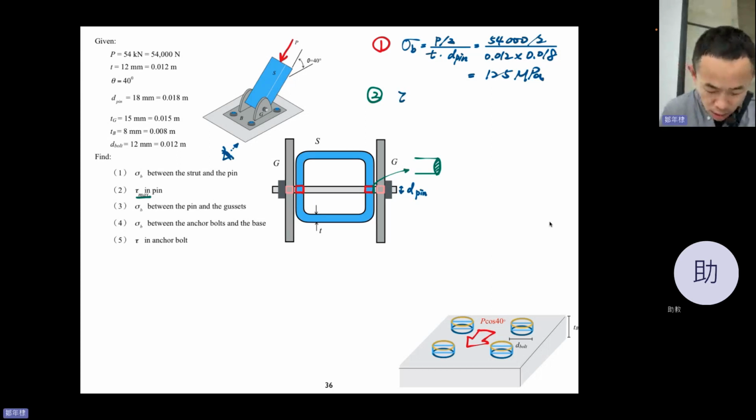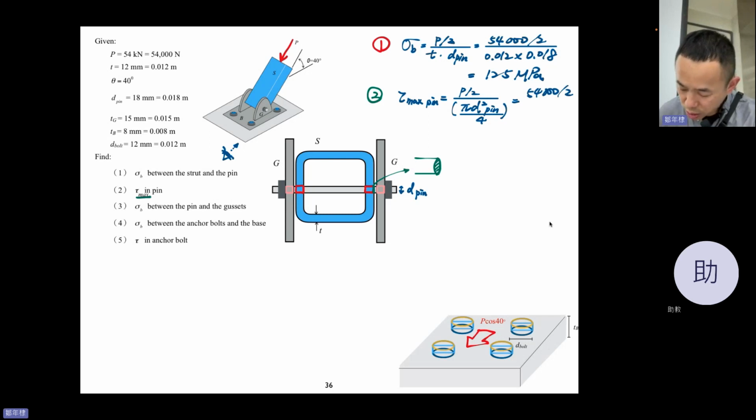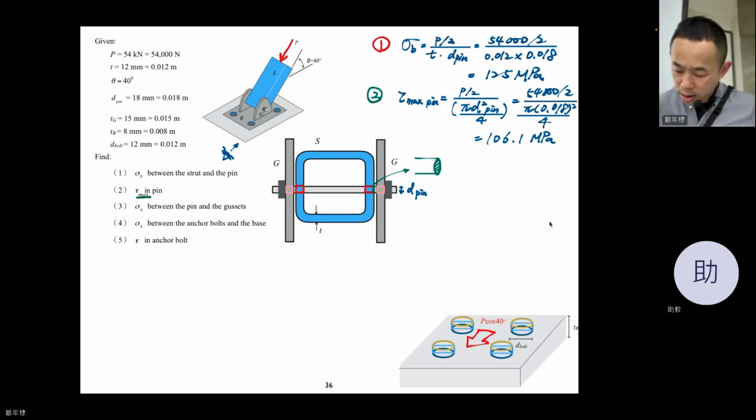So tau max in pin equals half P divided by pi d squared of the pin divided by 4, which equals 54000 divided by 2, over pi times 0.018 squared divided by 4, which equals 106.1 MPa.